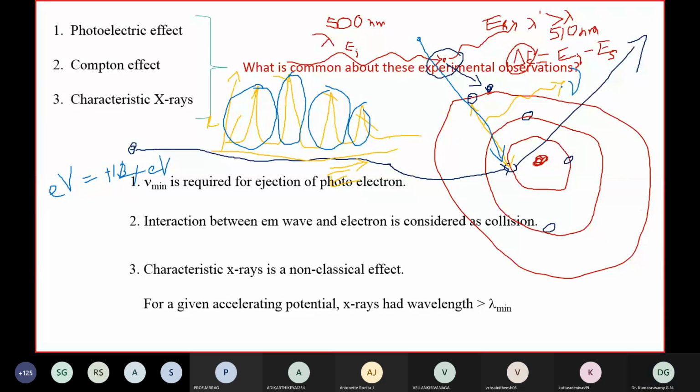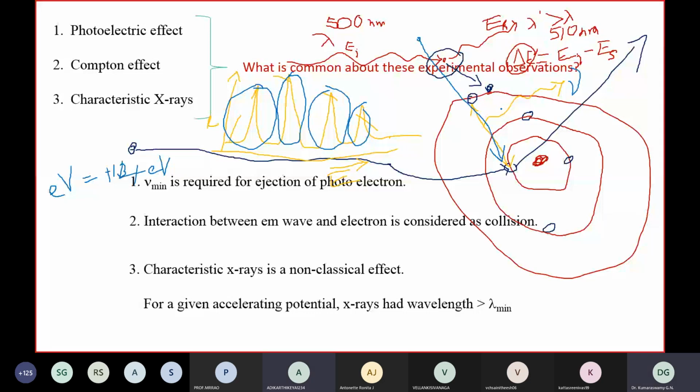So that is the minimum wavelength it can have. If any other electron de-excites, they are already bound. They do not have 0 energy. They already have minus 6 point something or minus 1 point something electron volt. So when they de-excite, they will always emit energy less than 13.6 electron volt.